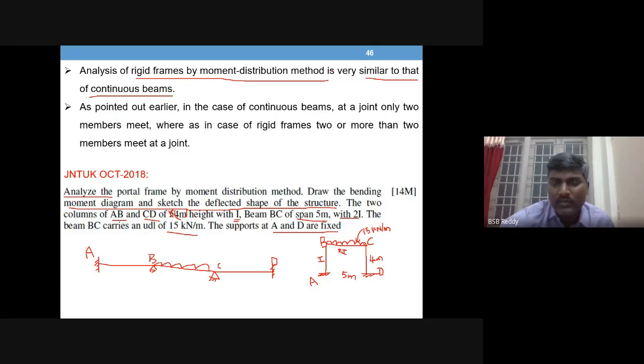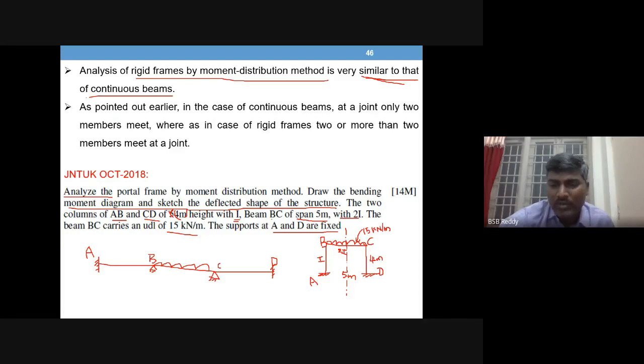As I said, the analysis is very similar to that of continuous beams because there is no sway here, because the frame is symmetric about its centroidal line. About the center it is symmetric, hence you don't have sway. Horizontal movement of the frame is not possible because the columns have the same height and the load is uniform on either side of the center.